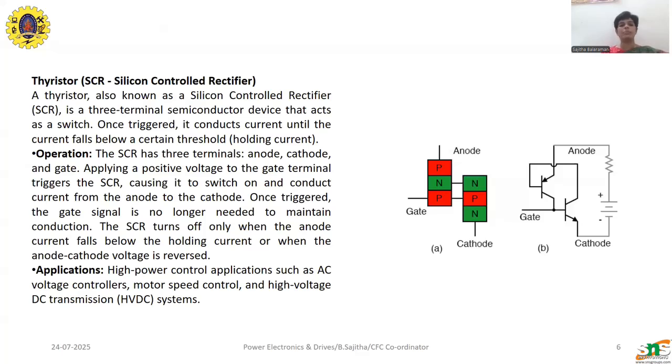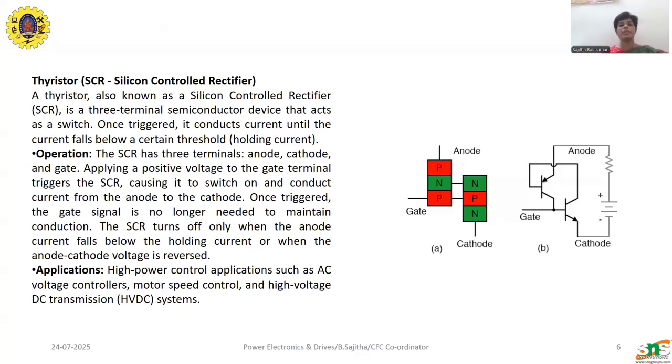This is an important point to note in an SCR as far as other devices are concerned. To turn on the thyristor, you need the gate pulse, and once you turn it on, there is no necessity to maintain the gate pulse. It still remains in the conduction mode.